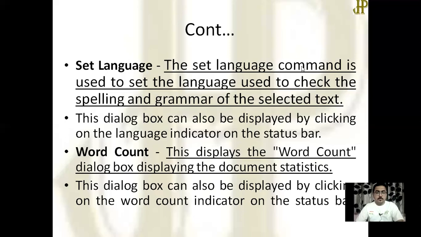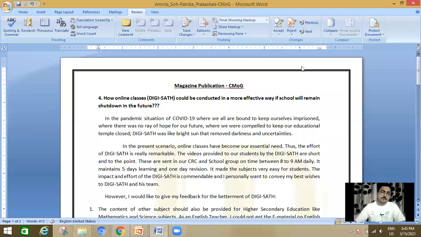I'm going to show you. This is the review ribbon. There are various options: proofing, comments, tracking, changes, compare, and protect. First one is proofing, and in proofing, there are various things available in it.